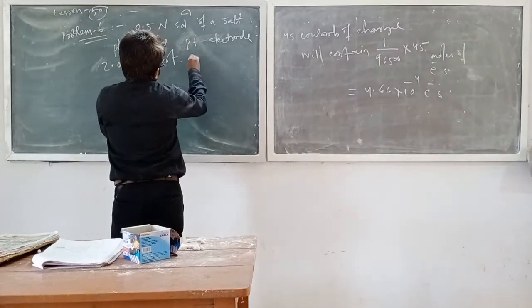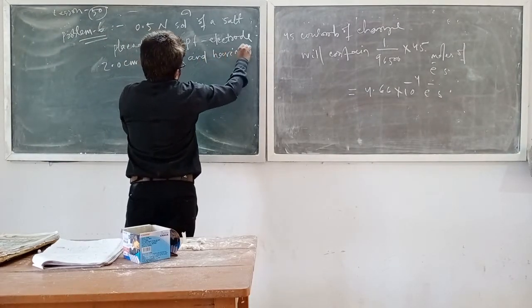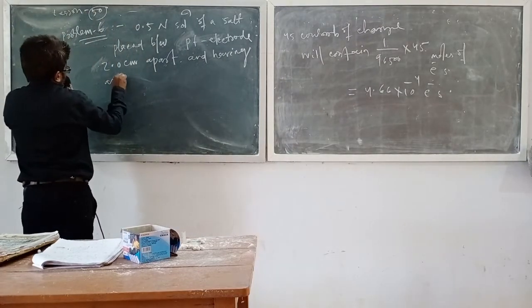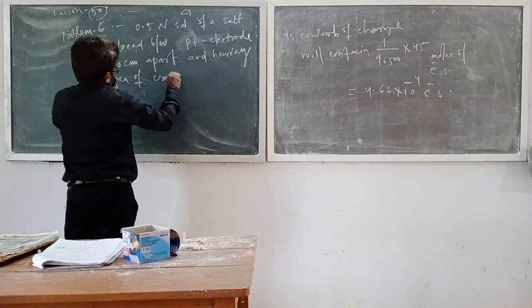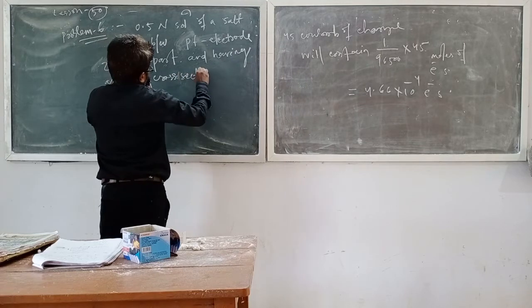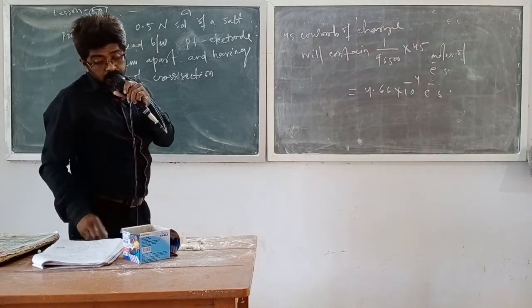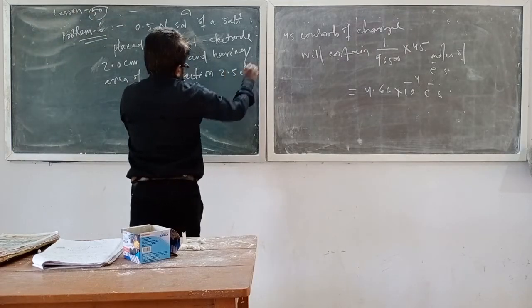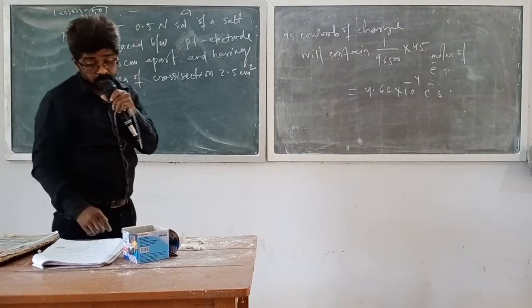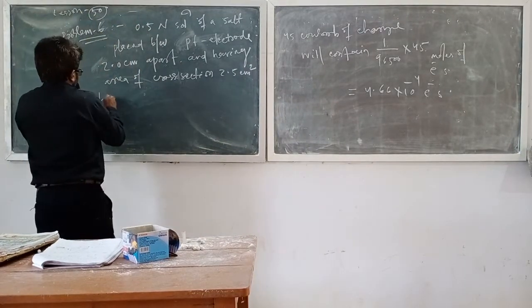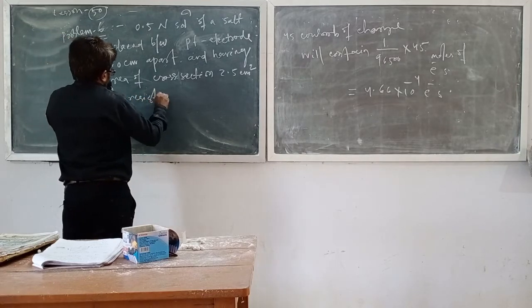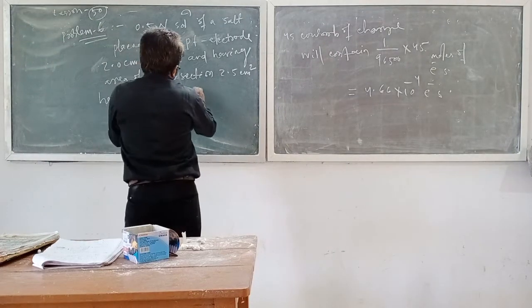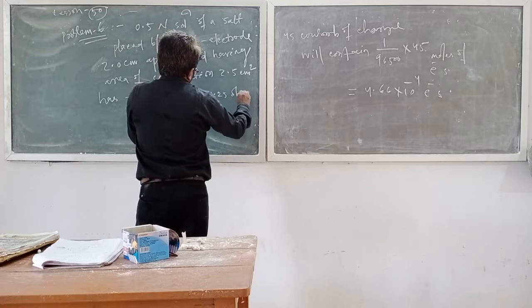and having area of cross section 2.5 cm square, has resistance of 0.25 ohm.